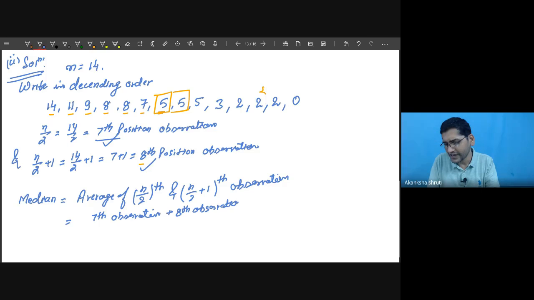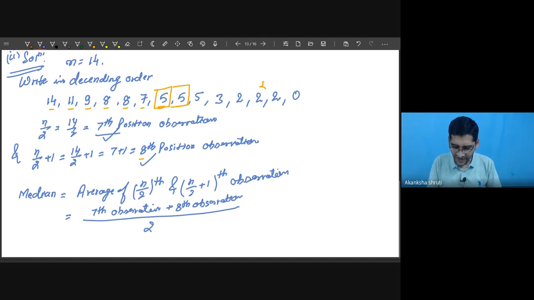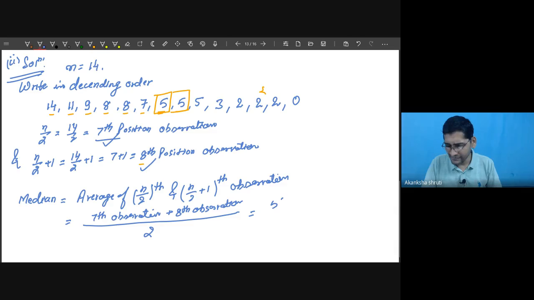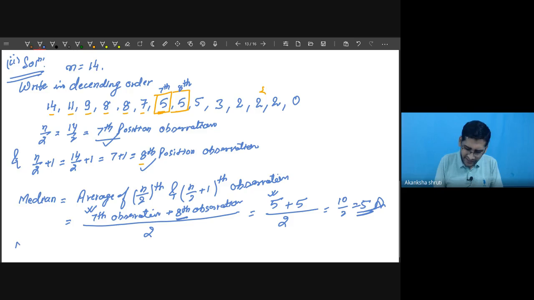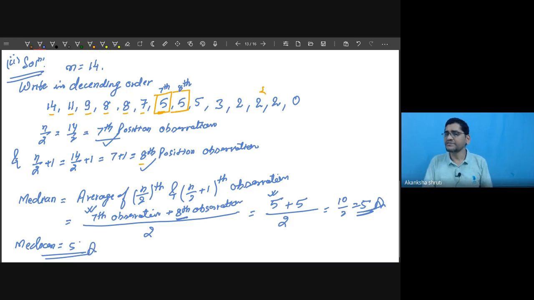Here the 7th observation is 5, so put 5 for the 7th observation, and for the 8th observation put another 5. This was the 7th observation, this was the 8th observation. So the 2 observations, 5 plus 5, become like 10 by 2, though it remains the same 5. So median in this case is 5. Okay, so this way you have to calculate.